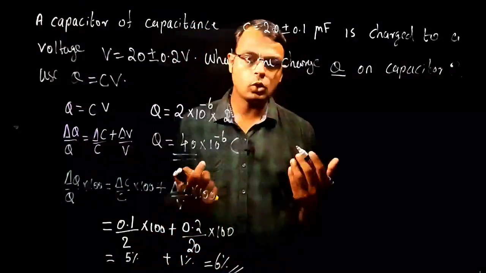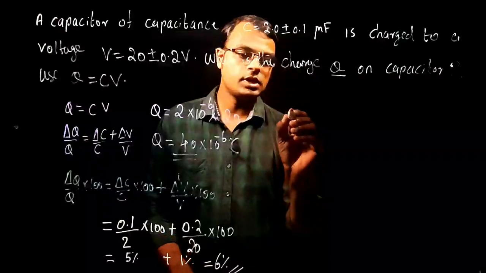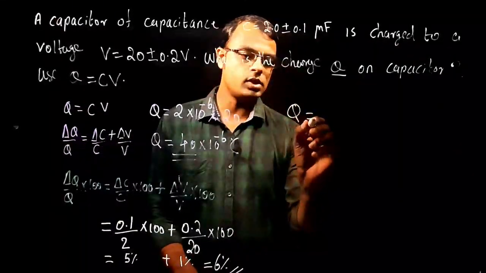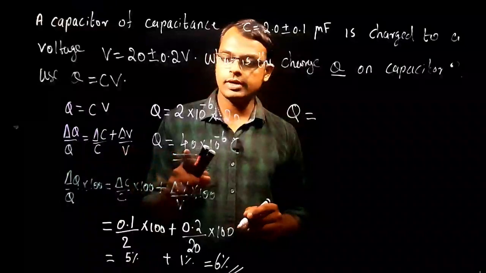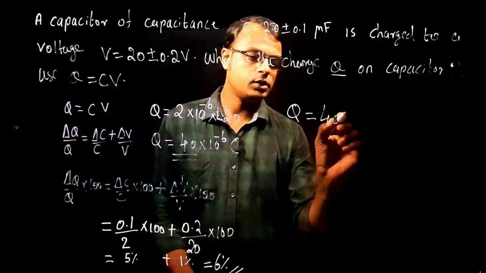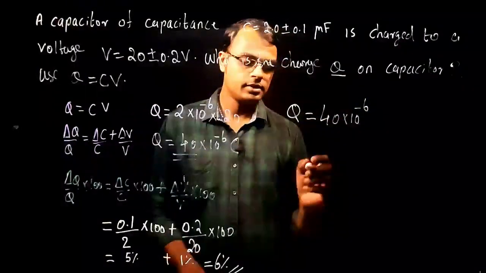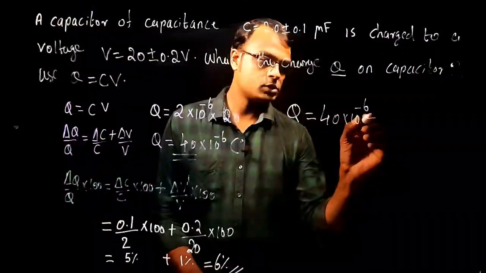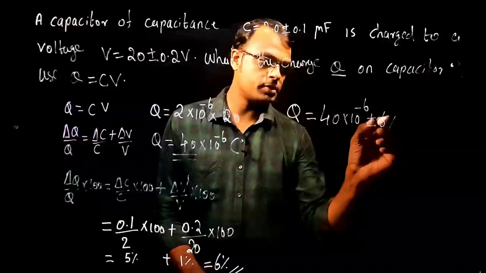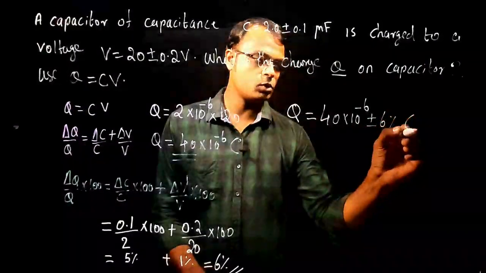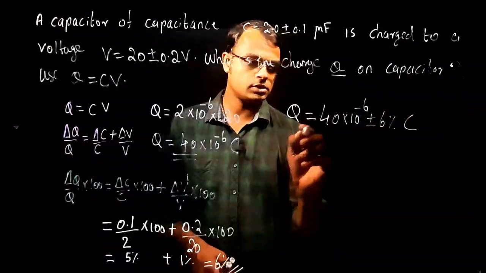So how can you quote this value? Charge Q is equal to, what is the original value? 40 into 10 to the power minus 6 coulomb, right? Now what is the error here? Plus or minus 6%. The unit of the charge is coulomb.